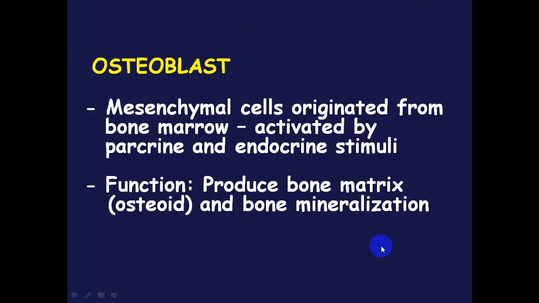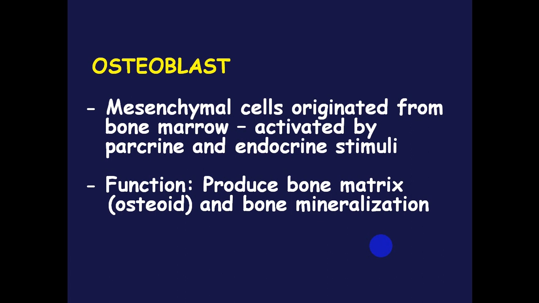Okay. Now we will talk about osteoblasts. So the osteoblast is activated by paracrine and endocrine stimuli. Paracrine means the osteoblasts will be activated by the secretions from other cells around the osteoblast.